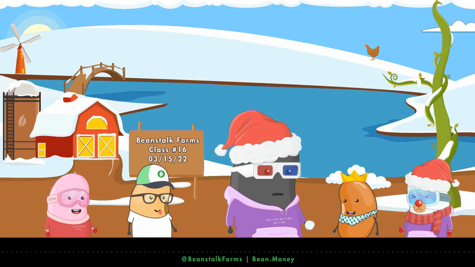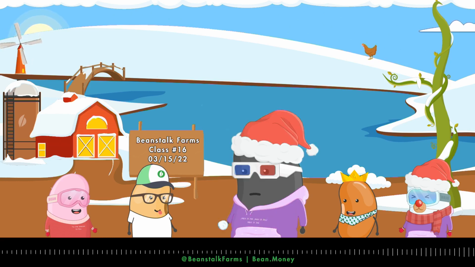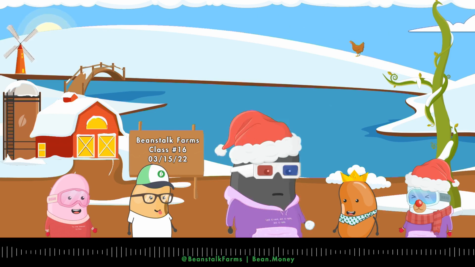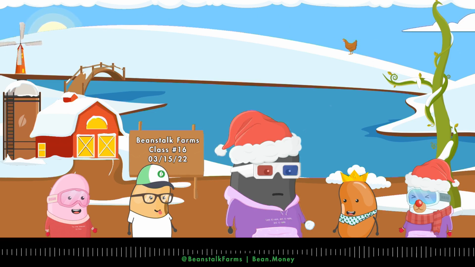And so, one thing that might not be made clear, and we apologize that the UX doesn't currently do a good enough job of making this super clear, is that for the Bean:ETH pool, there are two ways to convert.